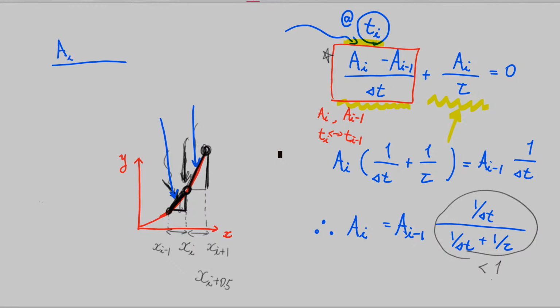A sub i plus 1 minus A sub i over delta t. Of course, we are now assuming that this delta t should be regarded as the difference between t sub i plus 1 and t sub i, not t sub i and t sub i minus 1.